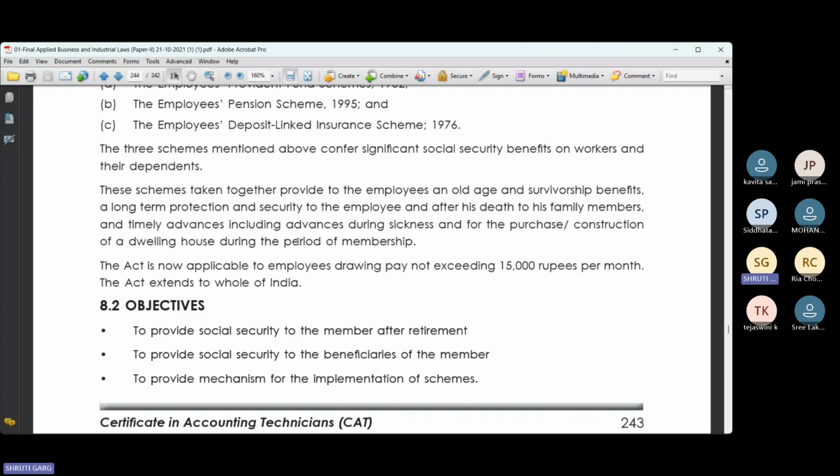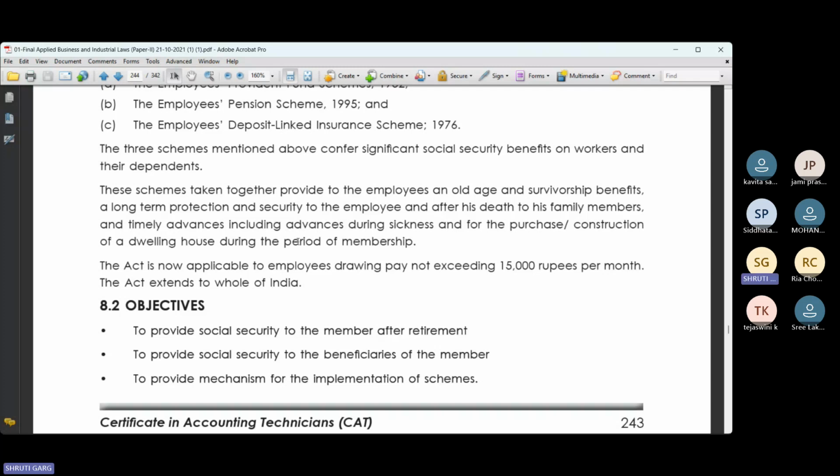Now the new term is defined that these schemes will be applicable only to those employees who... Yes class, now audible.